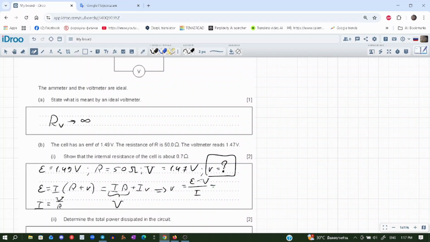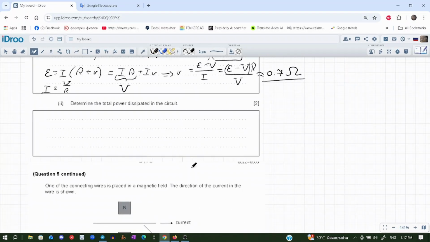So we will substitute it here, and we will get EMF minus the voltage drop on the external resistance, the resistor R, times R divided by V. And we will get something about 0.7 ohm. This is the internal resistance of the cell.